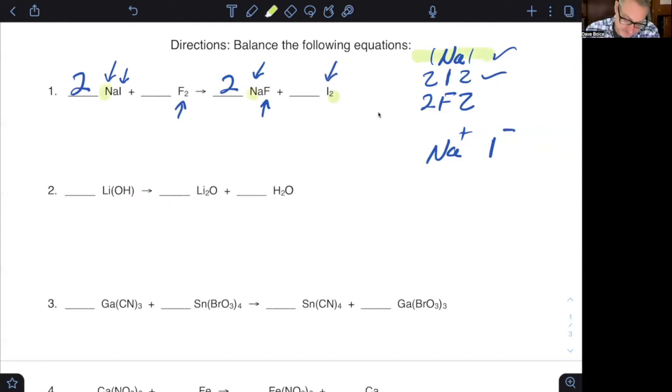So those are good to go. Iodine, I have 2 on my product side right there. And I have 2 on this side, because this counts for everything. Okay. And then my fluorine is also balanced. So now I am good. If the question asks for the coefficient, my answer would be 2, 1, 2, 1.